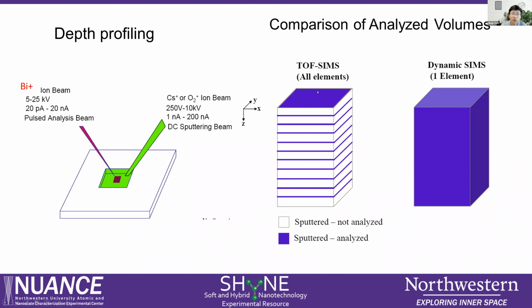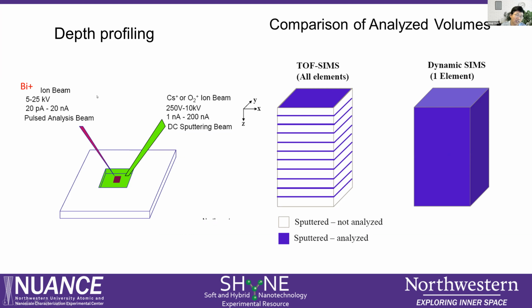Here shows the mechanics of the depth profile. Most people think you use the sputter beam to create a crater and analyze the center. For some, like nano SIMS, dynamic SIMS, you sputter the area and collect all the ions and analyze them.